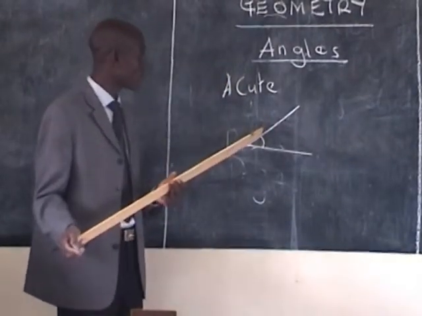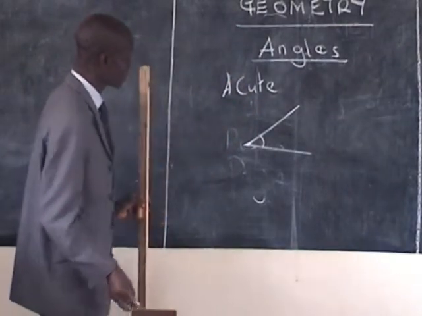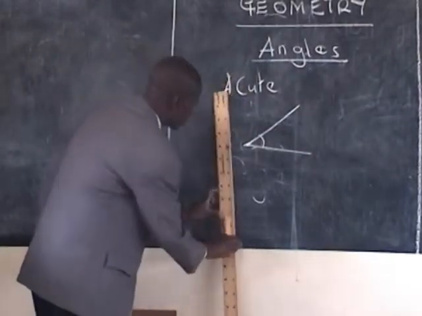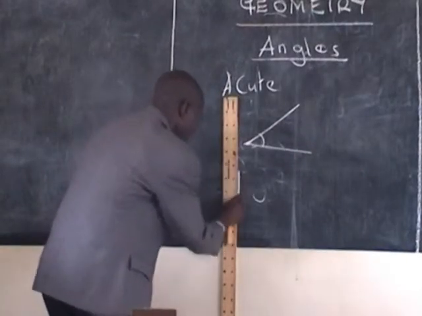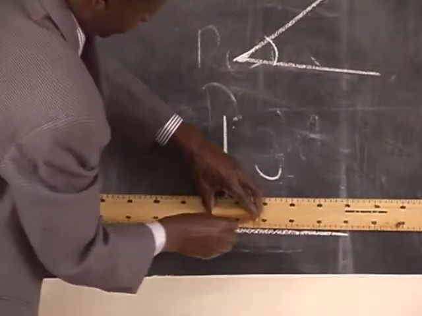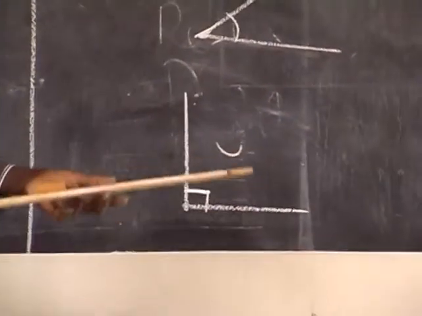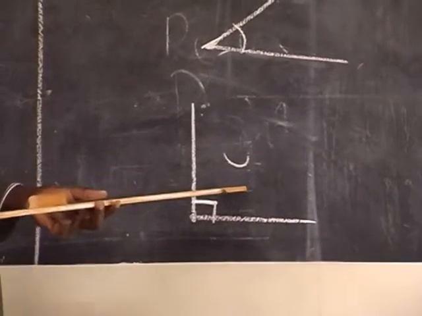We said that a right angle is an angle that is marked at 90 degrees. So we always draw a right angle like this. So this is a right angle, or an angle that is marked 90 degrees.